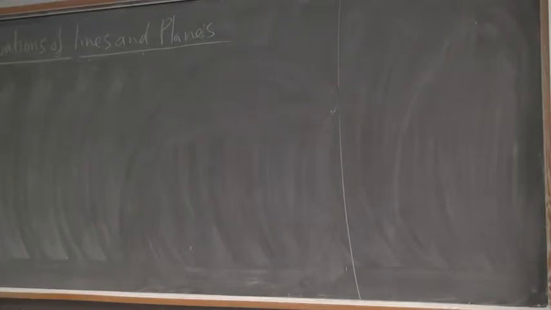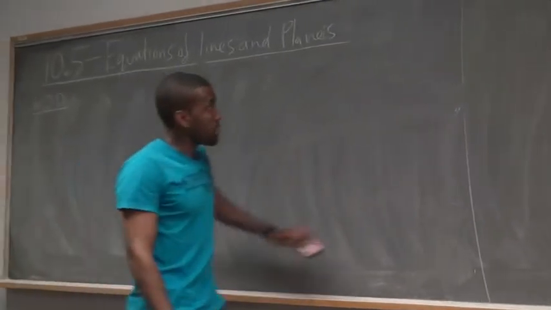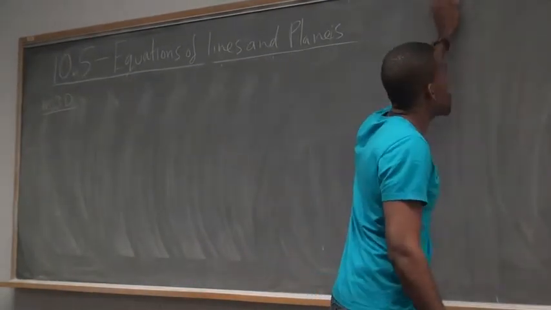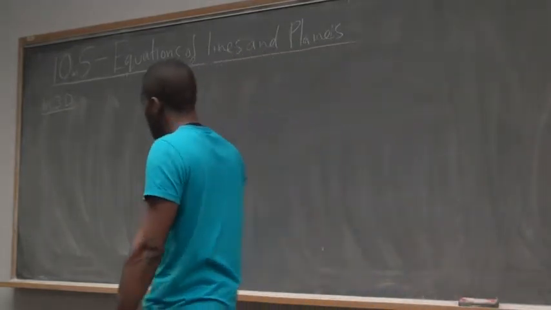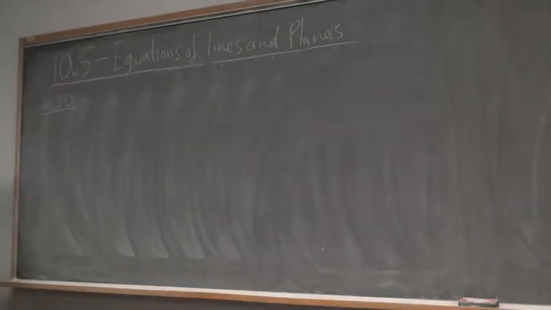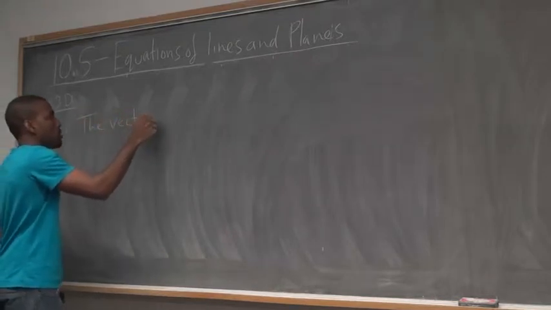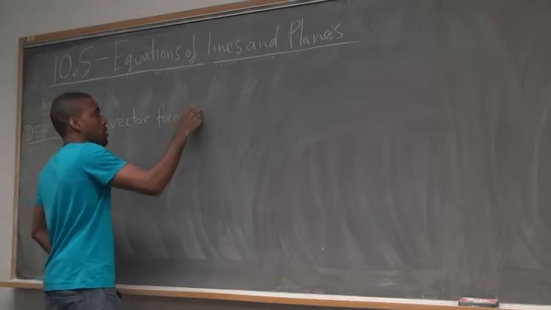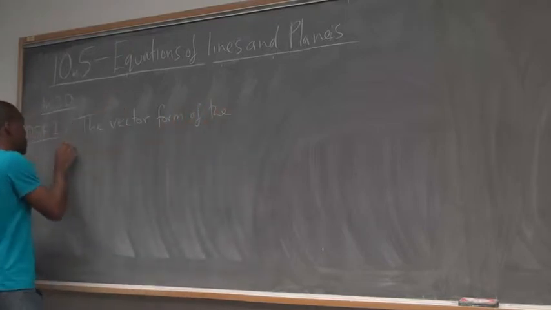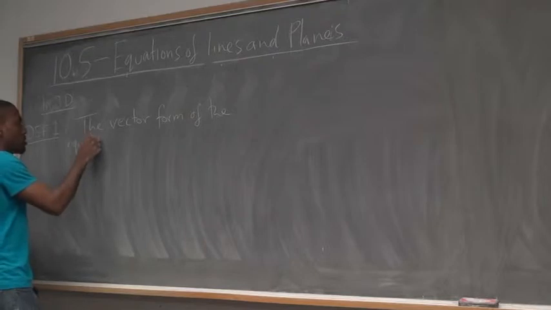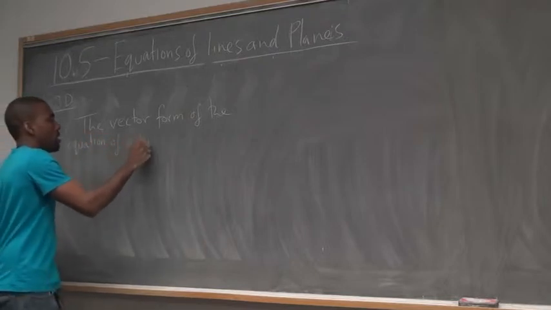Now we're going to do it in 3D or higher. What does a line look like in 3 dimensions? The first one is called the vector form of the equation of a line.